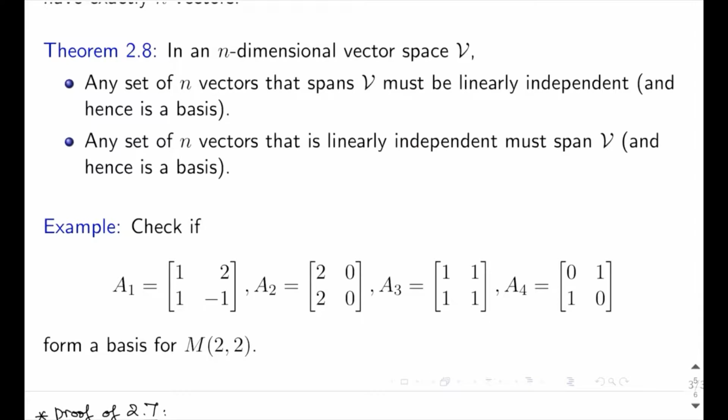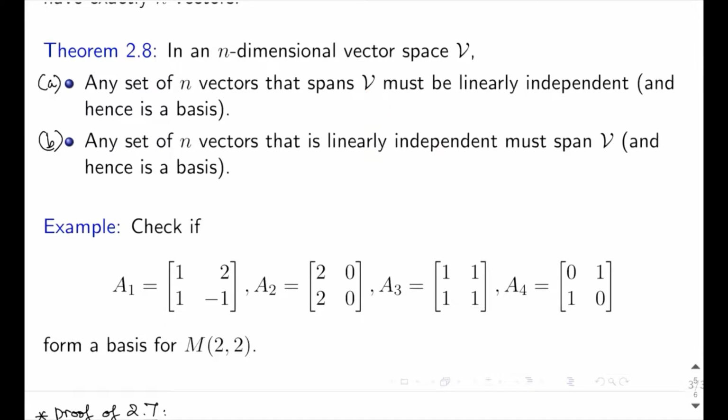Now, if you call this statement A and this statement B, the fact is that B is more useful than A in practice, because checking linear independence is much easier than proving that something is spanning the whole space.